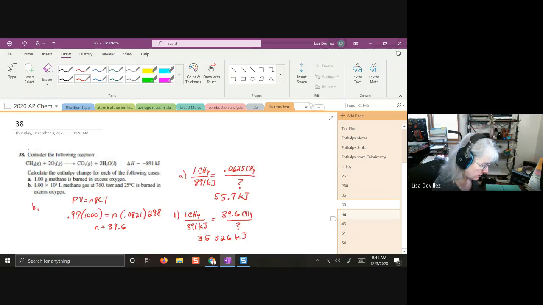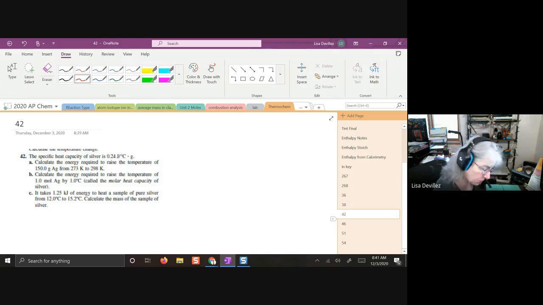All right, let's do 42. So here, calculate the energy required to raise the temperature of 150 grams of silver. It gives our specific heat of silver, from 273 Kelvin to 298.